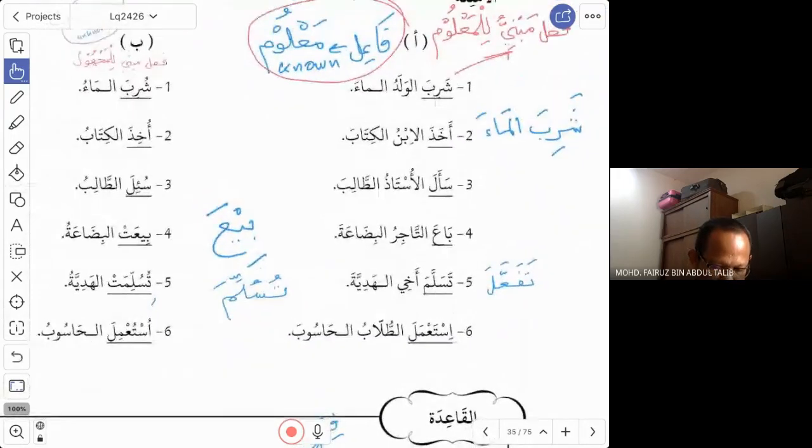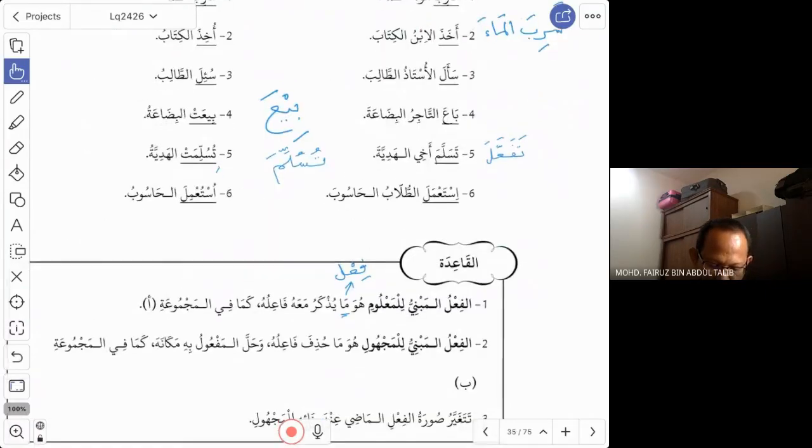The word is still mabni lil ma'lum, even though you don't see any fa'il. But when it is changed to this pattern, shuriba, then it becomes mabni lil majhul, where you cannot mention any fa'il at all. If you want to mention the fa'il, you have to use the normal form again. This is the definition of mabni lil ma'lum.